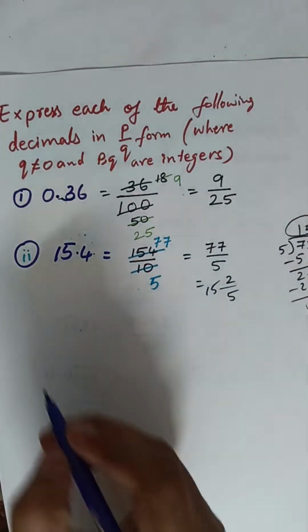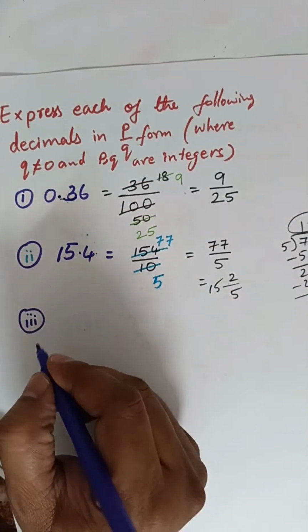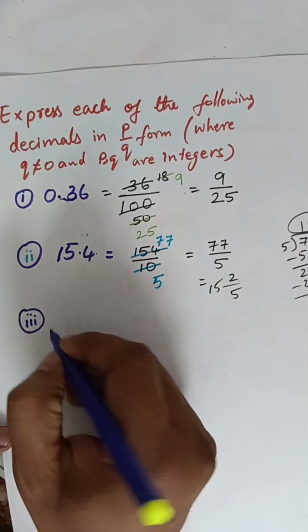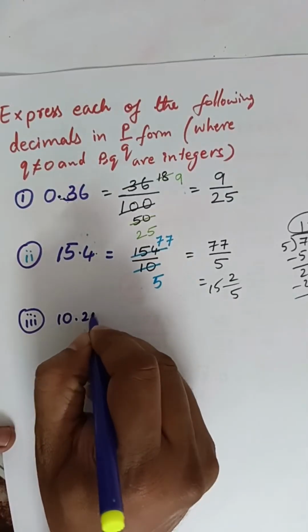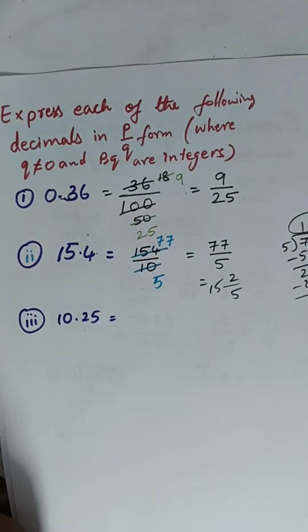What happened, viewers? Where did you go? 15.4 we finished. Now 10.25. I will give you some time, just 30 seconds.